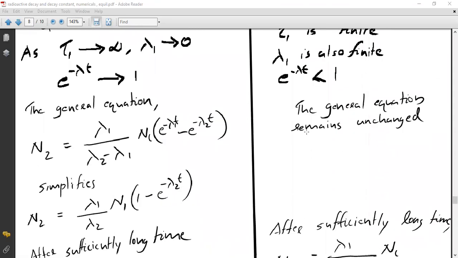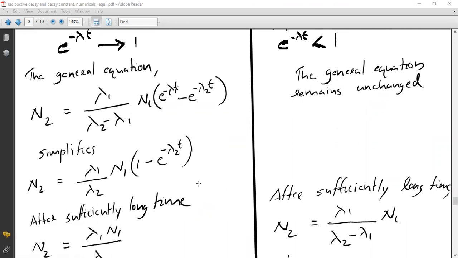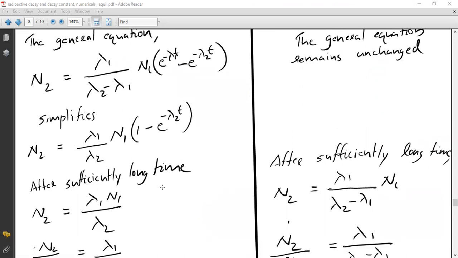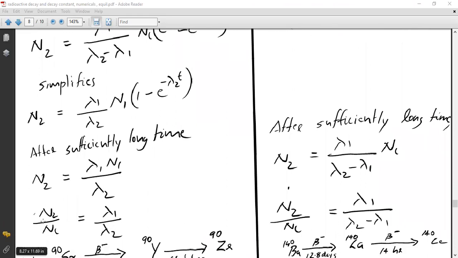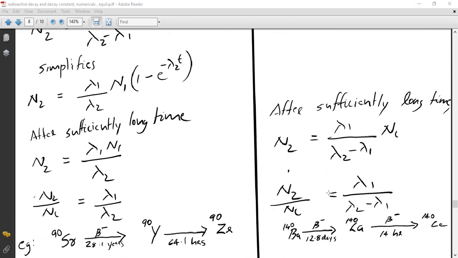But in the case of transient equilibrium, the general equation remains unchanged. After a sufficiently long time, n2 by n1 is equal to lambda 1 by lambda 2 minus lambda 1.